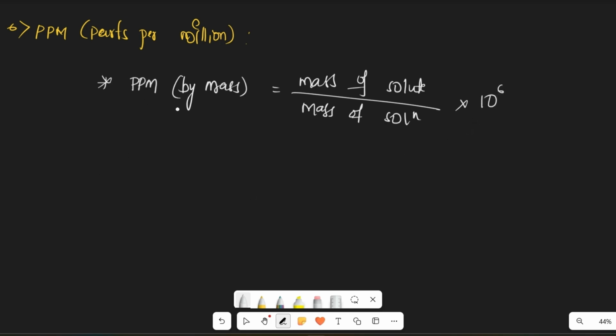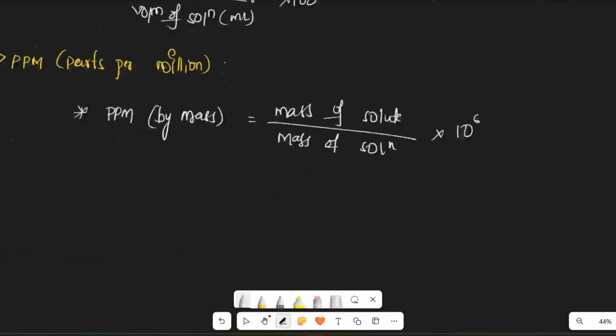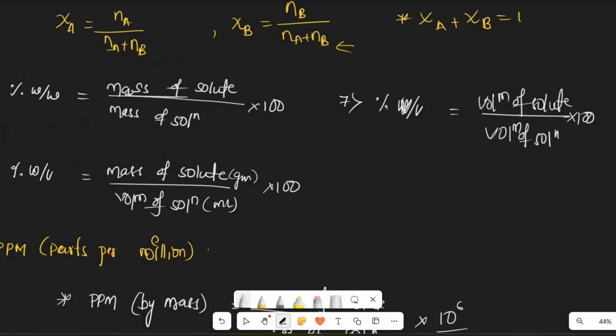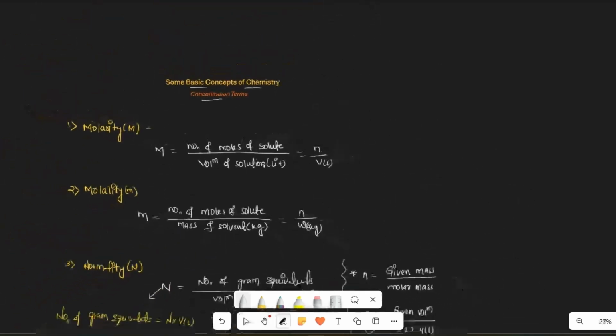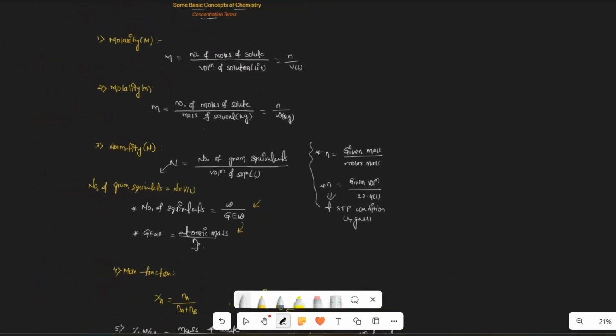Parts per million by volume means volume of solute by volume of solution into 10 raised to power 6. Parts per million by weight by volume means in the numerator we take mass of solute, and in the denominator we take volume of solution, and we just multiply with 10 power 6. So these are the concentration terms that you need to know and which are really important.